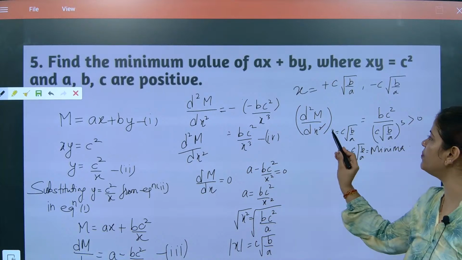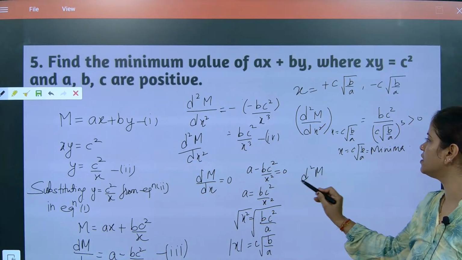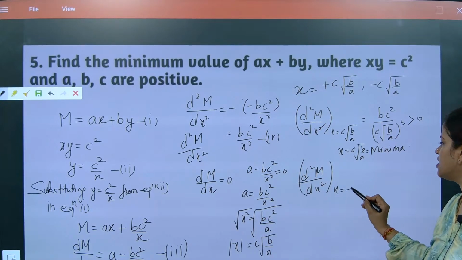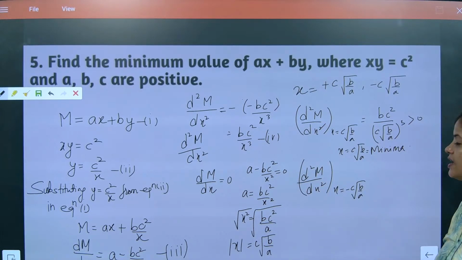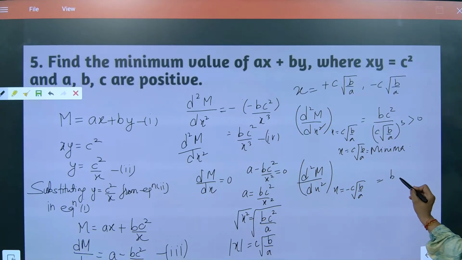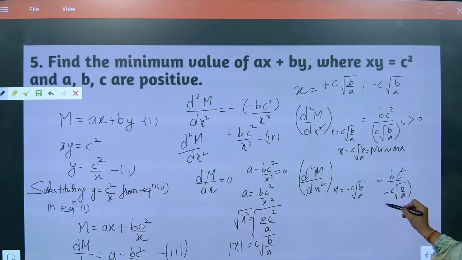And beta, when you will be substituting negative value, what will be there? Be little smart. Once you are writing this minus c root under b by a, you will be getting what, beta? Maxima. How? Because it will come bc square minus c root under b by a whole cube, which will give you negative value. And negative value is less than 0.